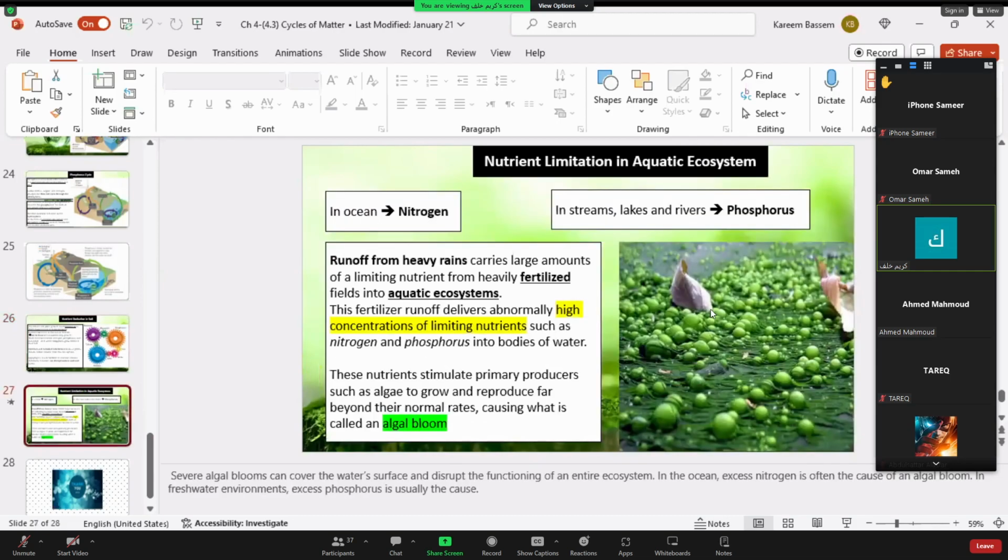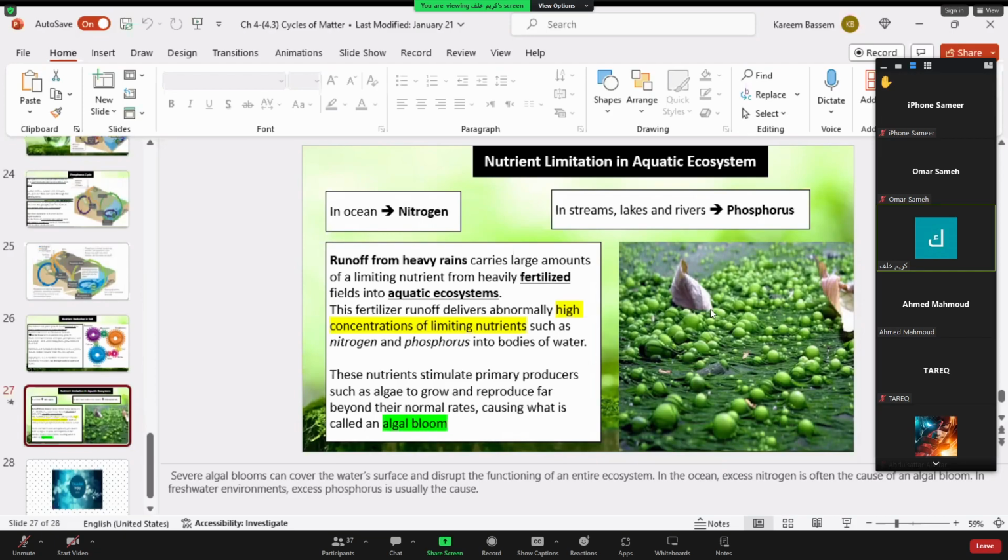The same happens in the marine ecosystem or aquatic ecosystem in general. Sometimes, when there is heavy rain and there is runoff, this rain could pass by soil and carry the nutrients found in it, so the runoff ends up in the ocean or in streams, lakes, and rivers.